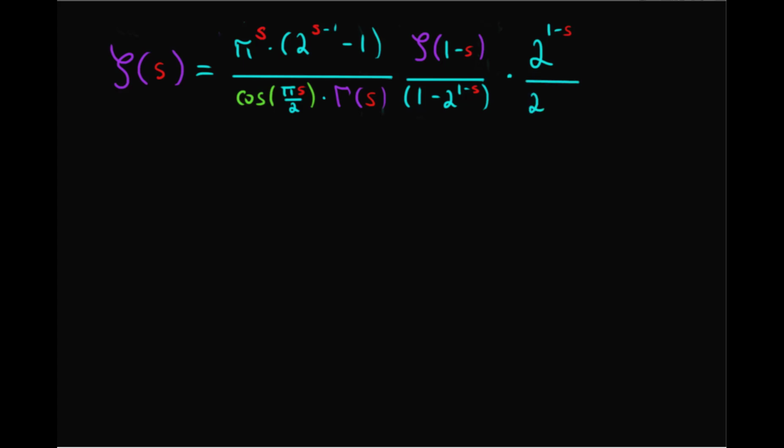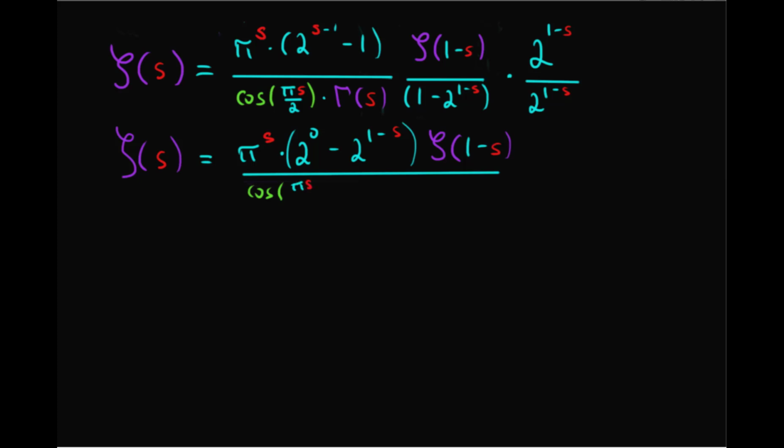We're going to multiply by 2 to the 1 minus s over 2 to the 1 minus s. And when we do that, we get zeta of s equals pi to the s, and now I'm going to do the multiplication, times the quantity 2 to the 0 minus 2 to the 1 minus s, times zeta of 1 minus s, all over cosine pi s over 2 times gamma of s times the quantity 1 minus 2 to the 1 minus s times 2 to the 1 minus s.